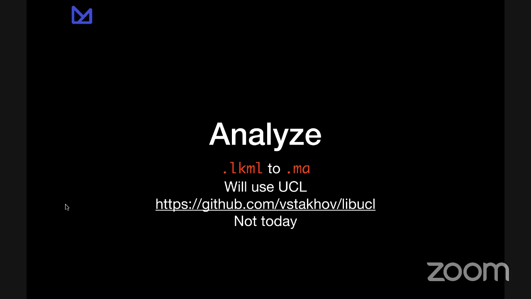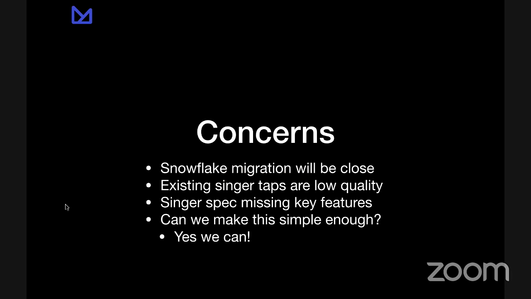You may have heard of HCL, which is the HashiCorp syntax. We're going to eventually switch over to using UCL. And the switch should be very, very simple to do, because in the end, it all turns into JSON, which we parse into a database. But that's not going to happen today.